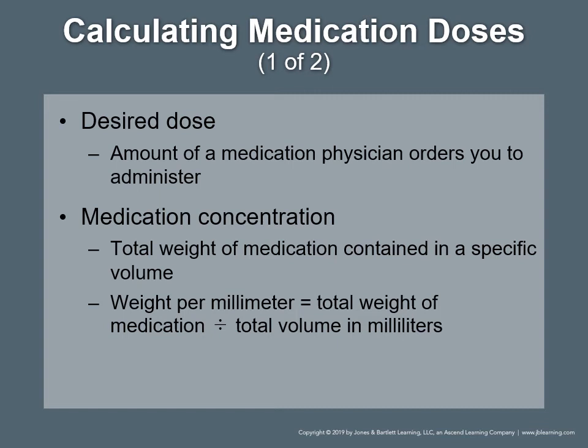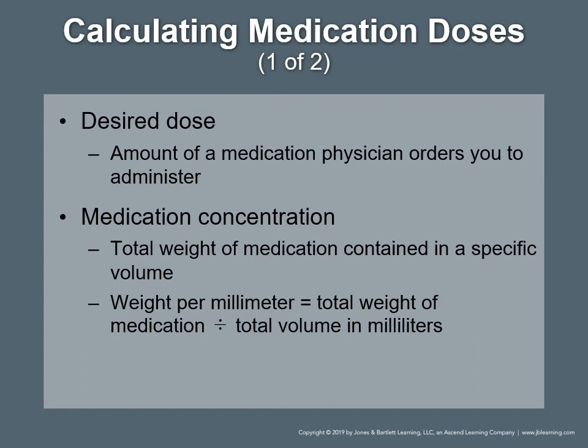The desired dose is the amount of medication the physician orders you to administer to a patient. It may be expressed as a specific number of grams or milligrams per kilogram of body weight. The medication concentration is the total weight of the medication contained in a specific volume. Note that medications are contained in different volumes of solution. This is your volume on hand.